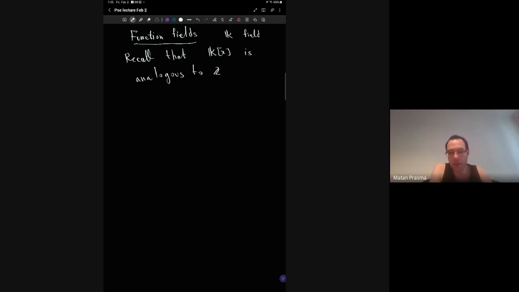We can factor a polynomial into prime components, and we have GCD and so on. This analogy is actually even stronger, even deeper, when K is finite, which is many times what we're interested in. But for now, let's try to push.